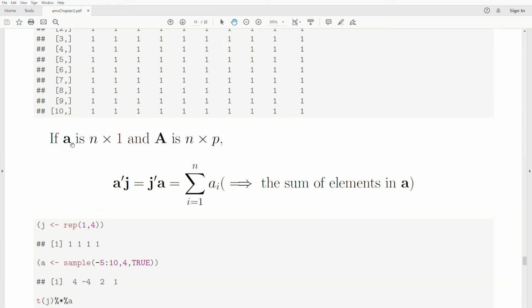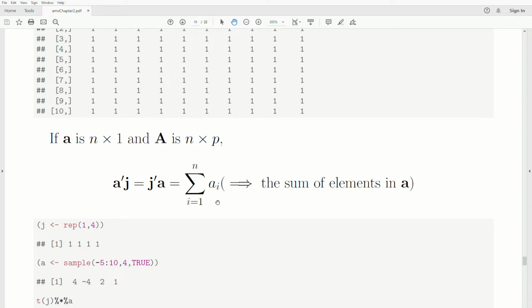Now, if a is an n by 1 vector, capital A is a matrix n by p. If we look at a transpose j, remember j is a vector of all ones. When you do this product, it ends up just being the sum of whatever the elements of a are. Since this is a number and these are both vectors, you can actually take the transpose of it, which creates j transpose a.